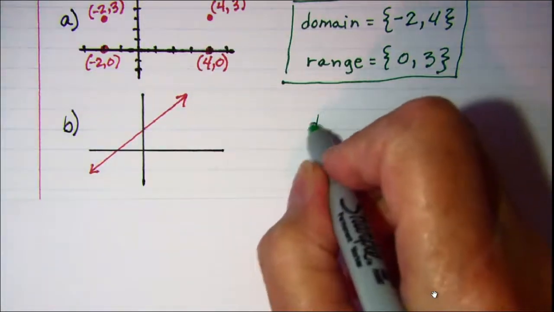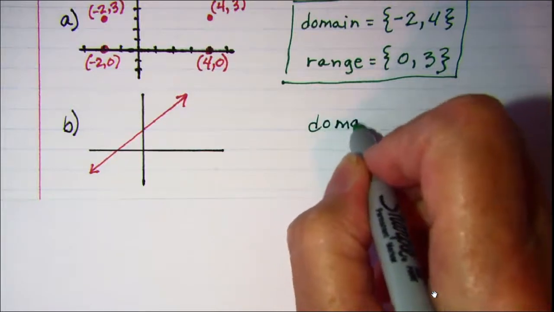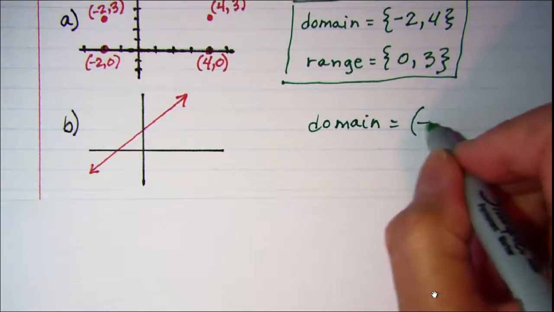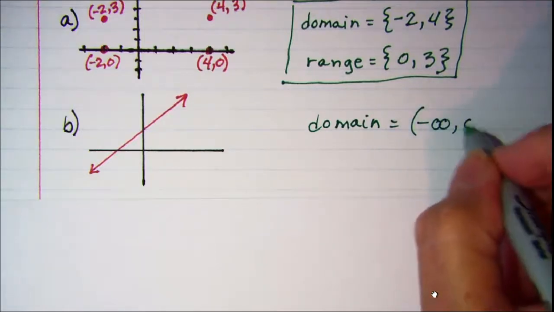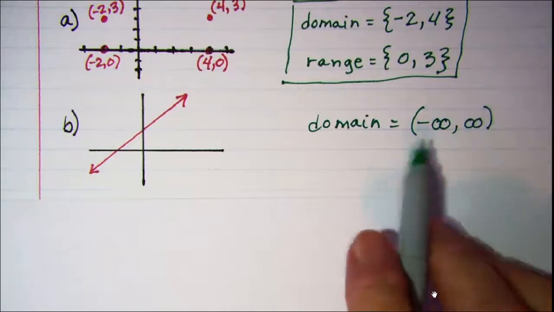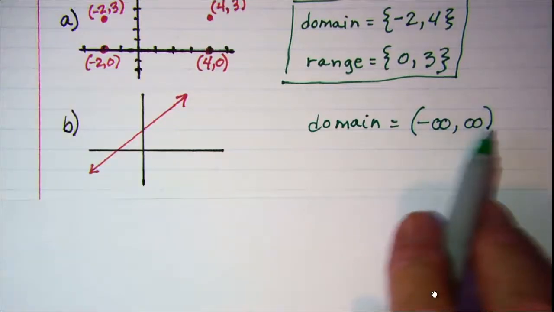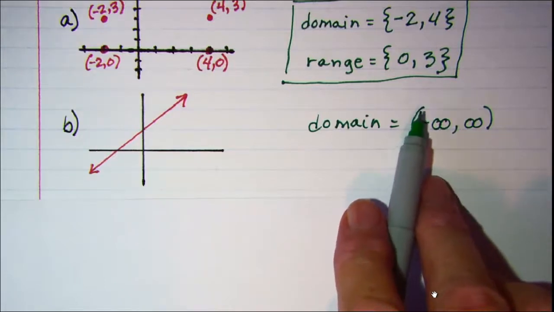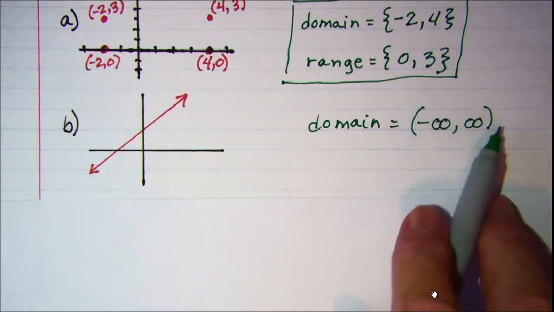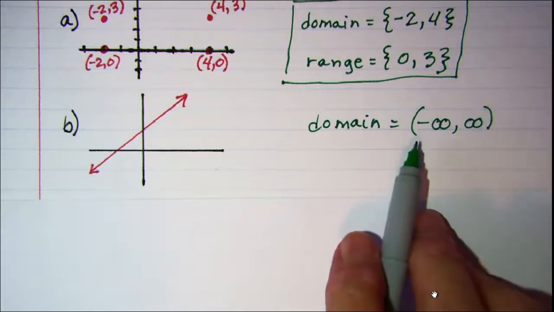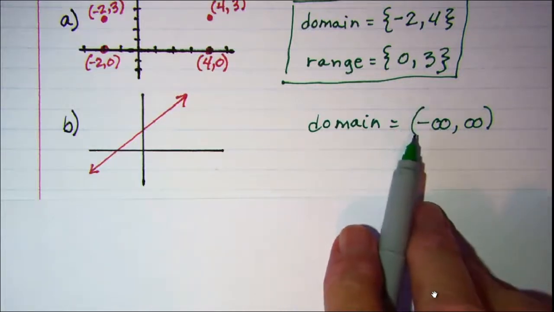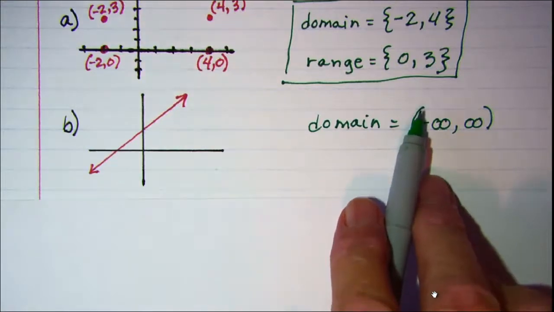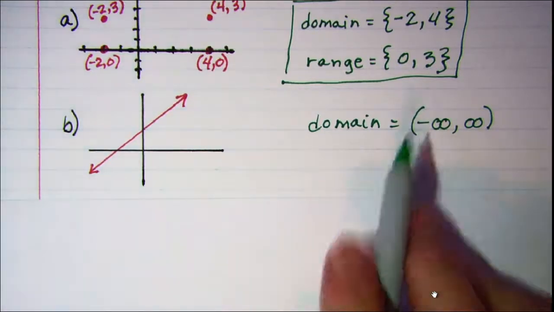So my domain is the set from -infinity to +infinity. Now remember, when you use interval notation like this, and one of the endpoints is either -infinity or +infinity, you need to use a parentheses to show that this is not a specific number, that it's an open interval.